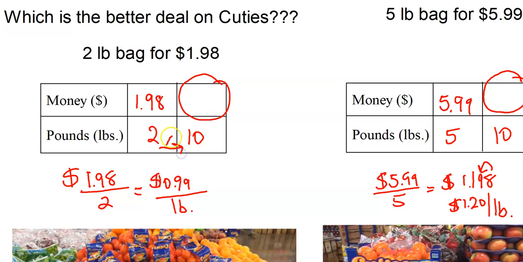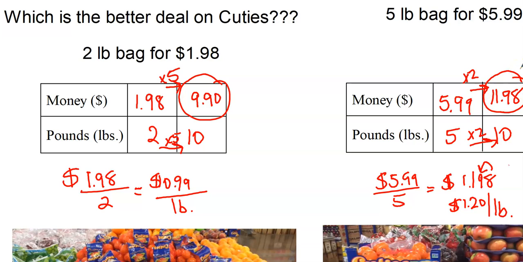This would be a times 5 pattern, which means I need to multiply the $1.98 times 5. When I do that, I get $9.90. And then for this one, I want to buy 10 pounds, so I'm buying 2 of the 5-pound bags. So I multiply the cost by 2, and I get $11.98.